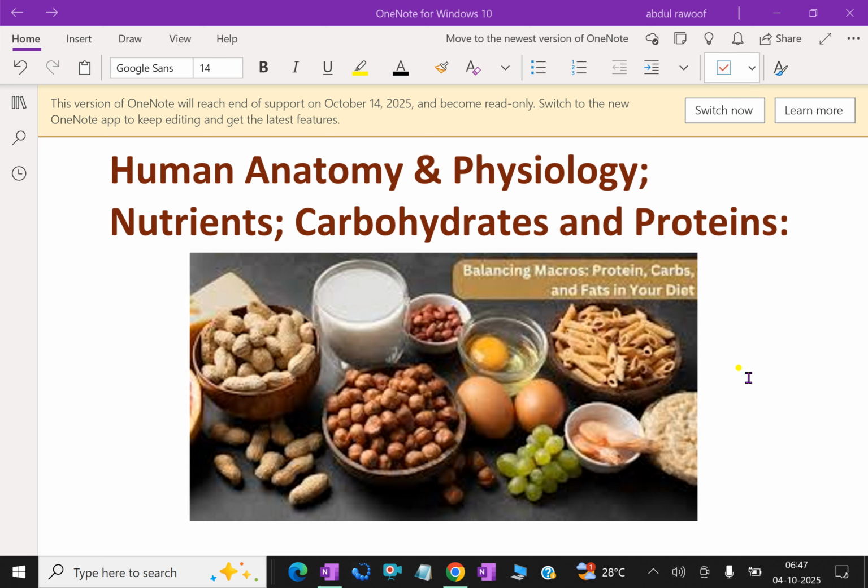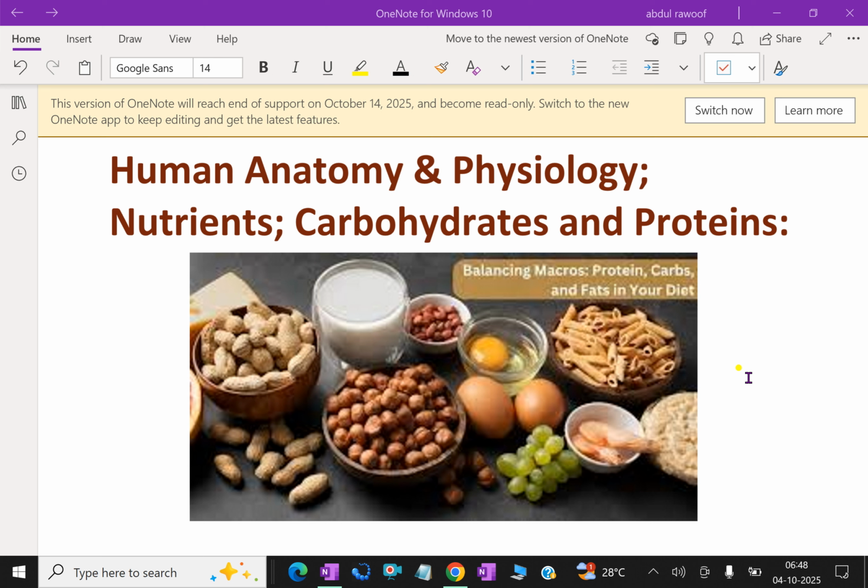Function of protein. Amino acids are used for growth and repair of body cells and tissues, synthesis of enzymes, plasma proteins, antibodies, and provision of energy.